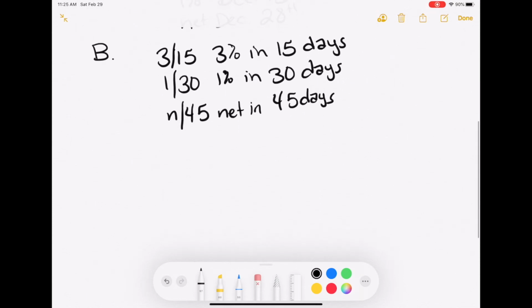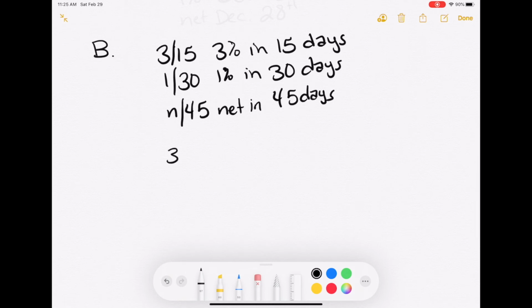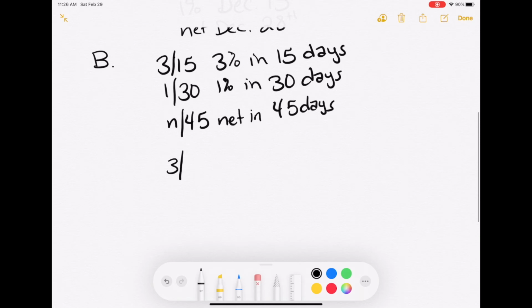So the dates, 3% discount. We would have until, starting at March 20th, which we do not count. We start with March 21st. 1, 2, 3, 6, 7, 8, 9, 10, 11, 12, 13, 14, 15. April 4th.